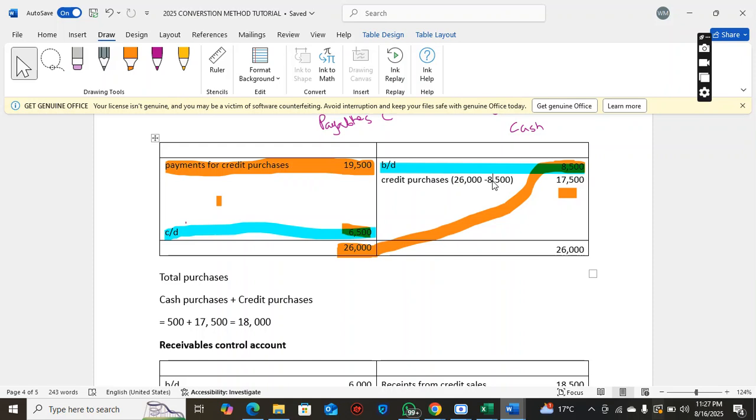No, I think they are different. Because here, this payment is like you're paying what you owe. You're not buying anything. You're paying what you owe. Yes, money is coming out from your cash account.